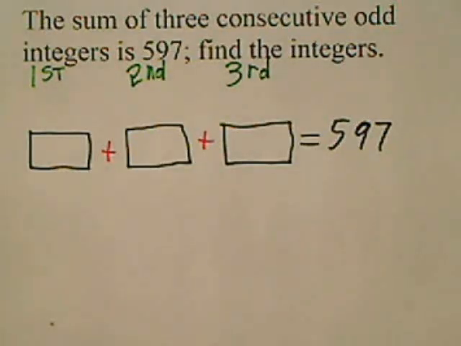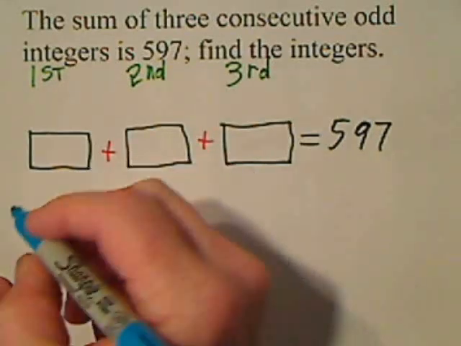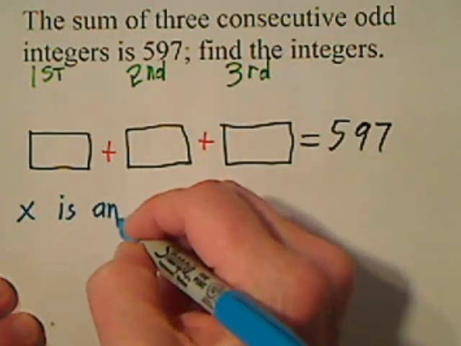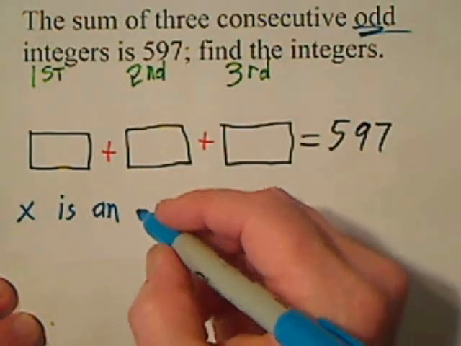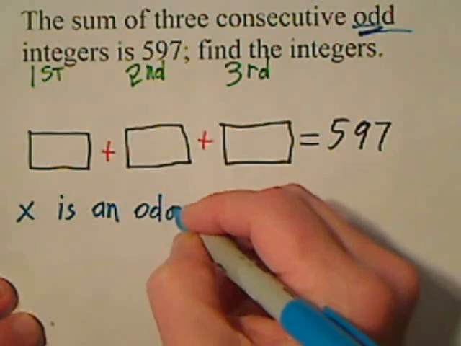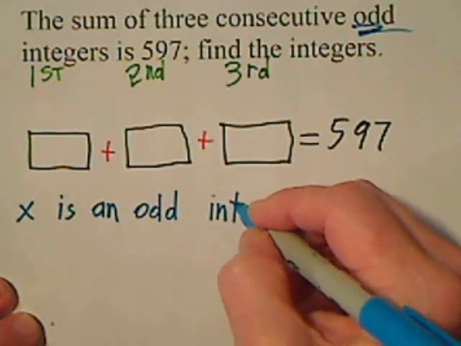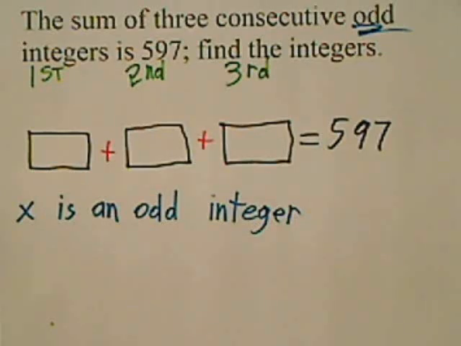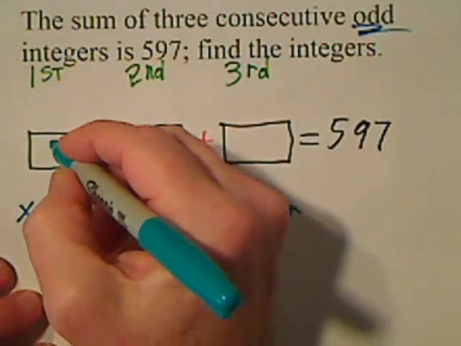And we're going to specify that x is an odd integer. So long as x is an odd integer, my first one, I have no idea what it is.